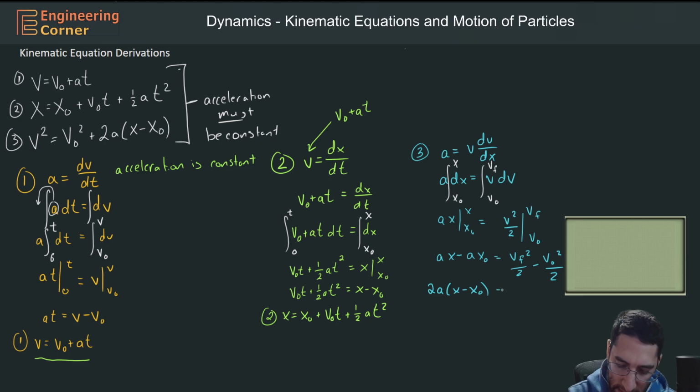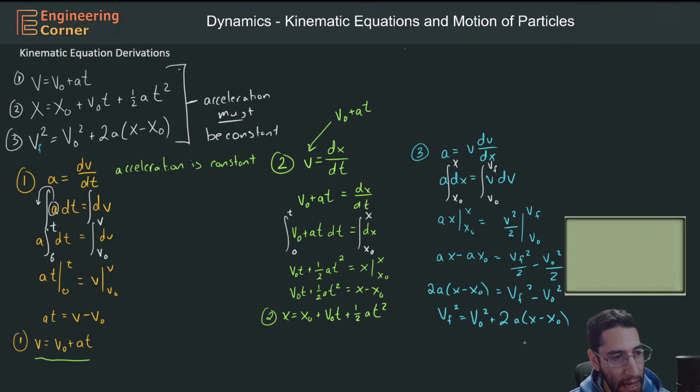And so this is going to be equal to vf squared minus v naught squared. Now if we solve for vf, where I had the final velocity as just v, vf squared is equal to, this goes to the other side, v naught squared plus 2a times x minus x naught. And that's the third equation that we had.